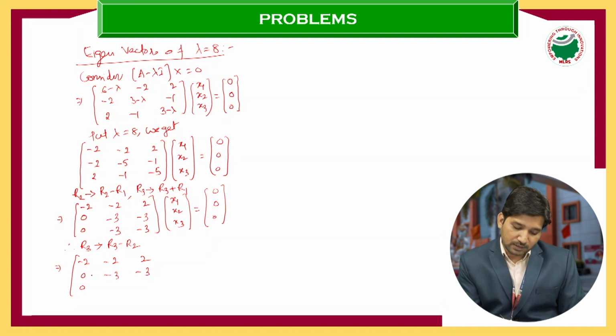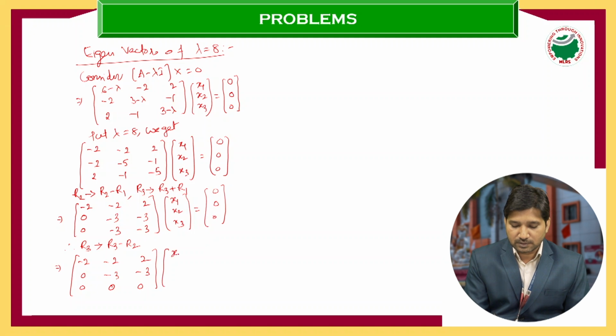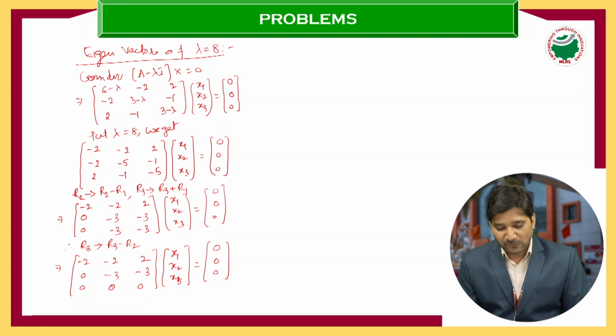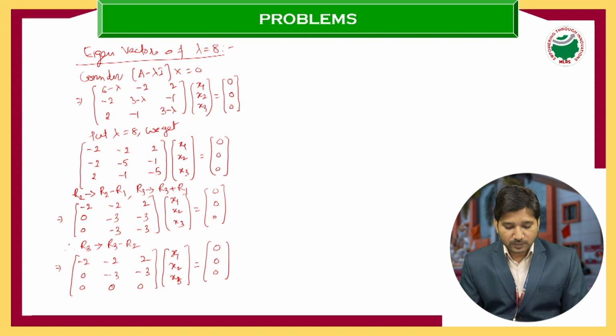Next, applying row transformation, 0, minus 3 plus 3, 0. Here also minus 3 plus 3, 0. The vector is x1, x2, x3, equal to 0, 0, 0. So we can make echelon form.